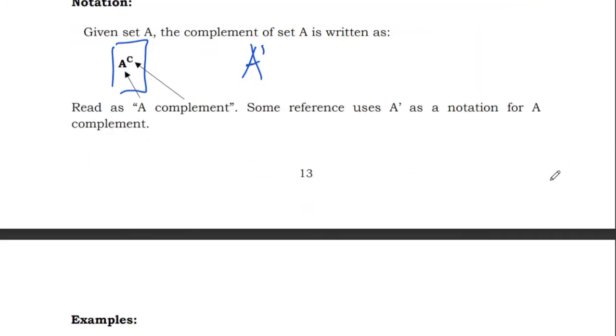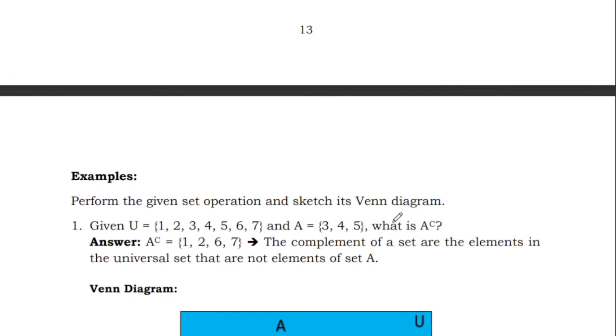Meaning to say that also serves as A complement, or the complement of a given set A. So for example, we have here a given universal set with 1, 2, 3, 4, 5, 6, 7 as its elements, and we have set A given as 3, 4, 5. So what is A complement?